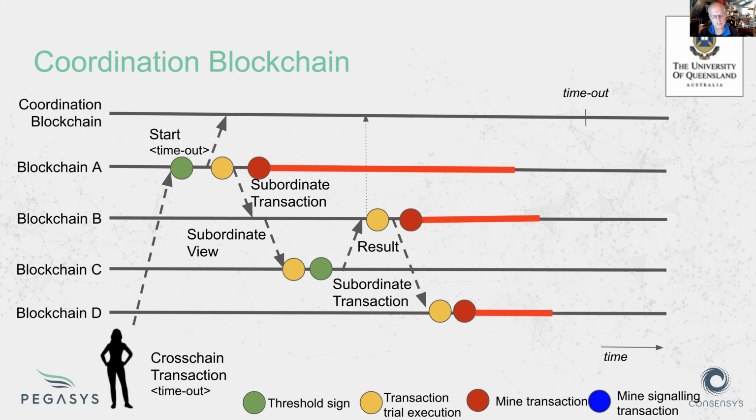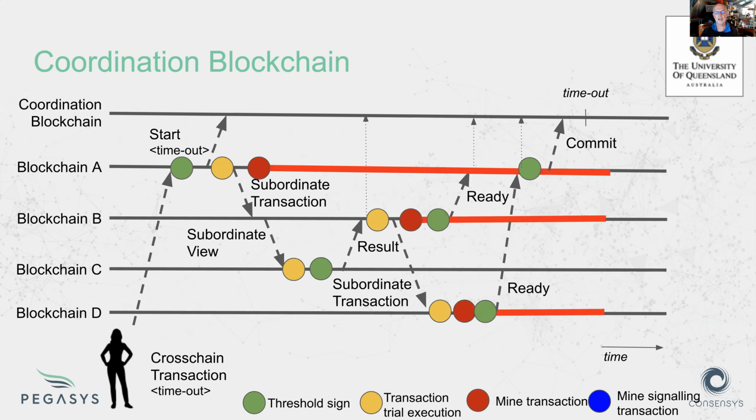Those transactions get mined, contracts get locked, and then ready messages are threshold signed and sent back to the root blockchain. So this is a way of saying to that originating blockchain, hey, we're ready to commit.